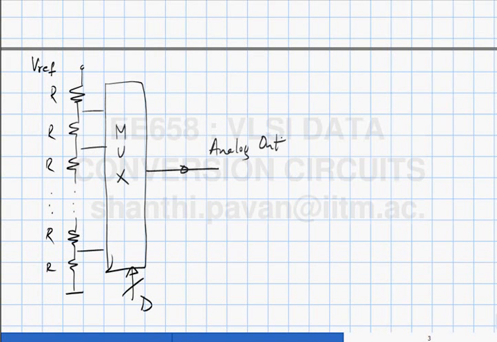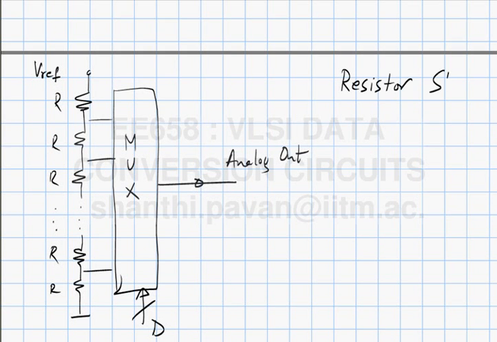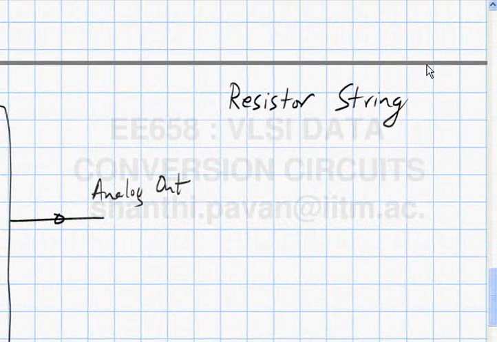The mux is simply a decoder which figures out which of these taps must be connected to the output. So this is often what is called a resistor string DAC, for obvious reasons. What are all the problems you can think of?